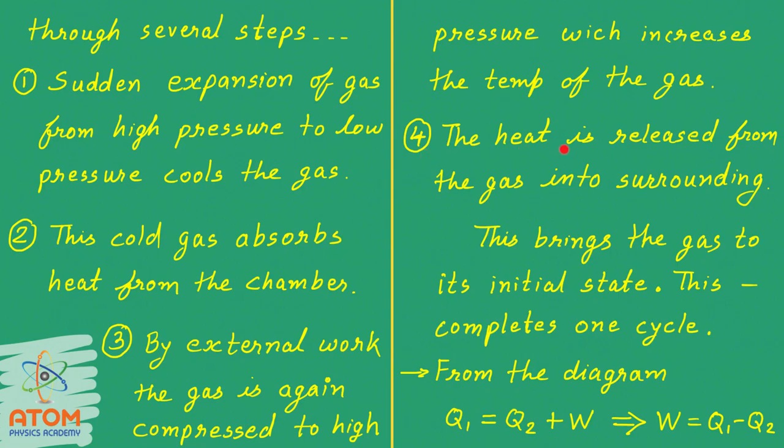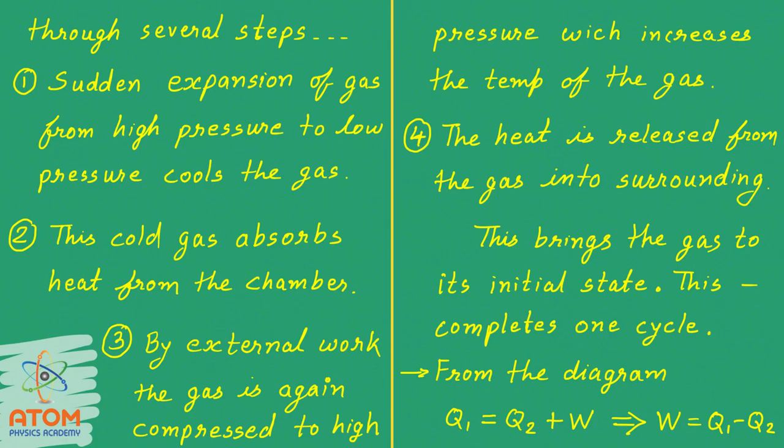Fourth, the heat is now released from the gas into the surrounding. Now, by heat sink or some sort of fan or any other type of mechanism, the heat is released from the gas into surrounding. The same what I was talking about, that the body of the refrigerator becomes hot. Why? Because the body is behaving as a heat sink right now.